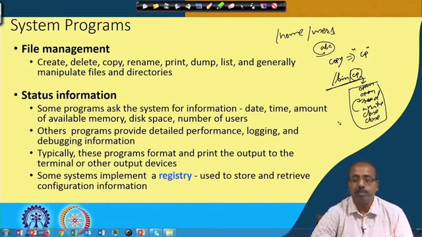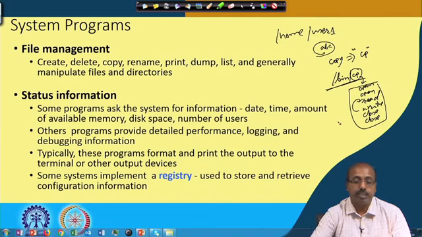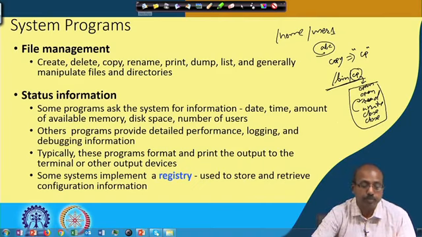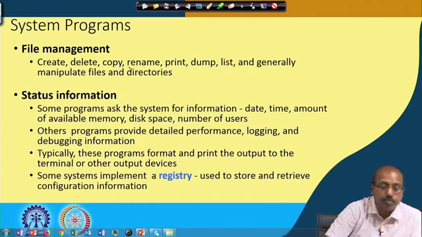In some operating systems it may not be possible. There these system programs are not available separately; they come as part of the command line interface directly. So they are not modifiable, but operating systems like Unix and Linux will allow you to do this. So, these are file management related system programs.